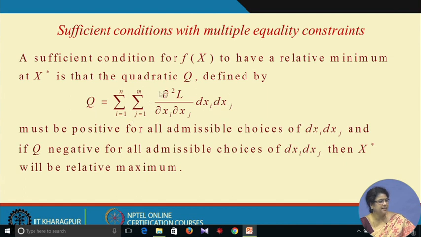Depending on the value of it, we can say whether it has a maximum or minimum with a particular choice of xi, xj. Clear? This is the sufficient condition. Mathematically it looks very odd, but this is nothing but the determinant of the Hessian matrix. Clear?